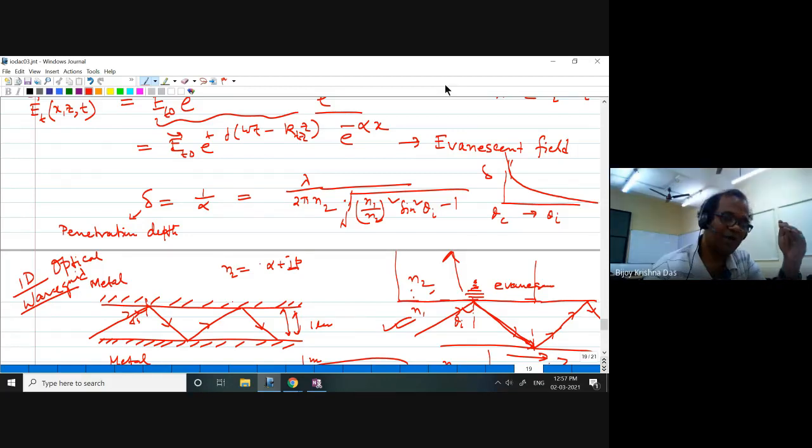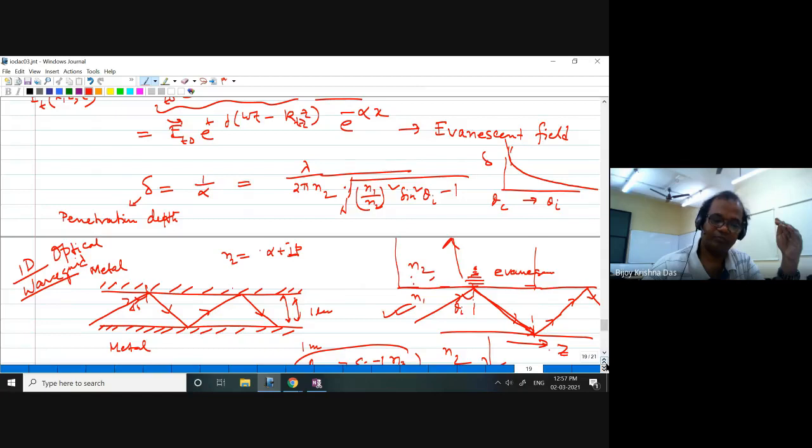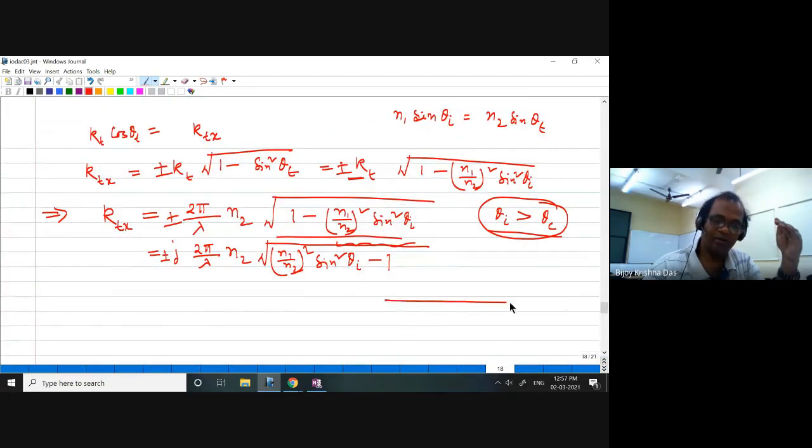So my question was, suppose you have a medium, and the light is coming in at the critical angle. I say this is 90 degrees, it is propagating like this, theta t equal to 90 degrees at theta c. So light will be grazing like that.